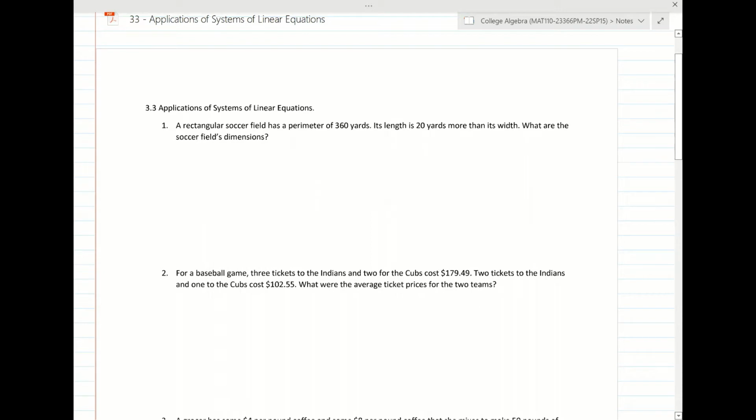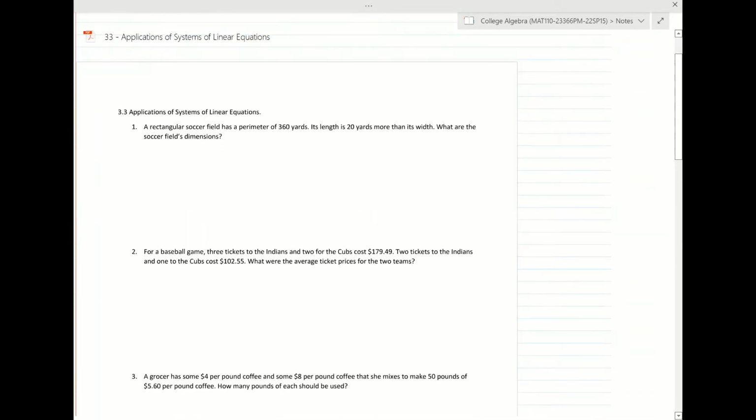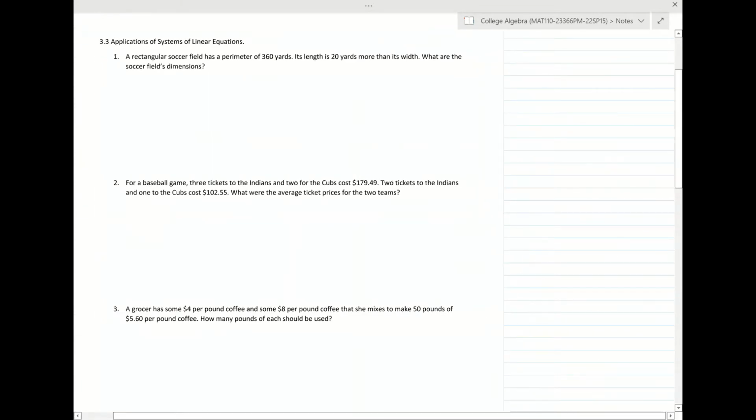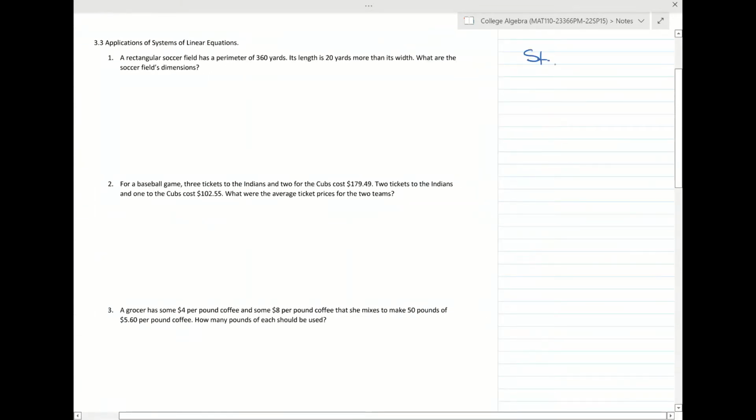Generally when we're doing applications, I follow 4 steps. The first step is to define variables. You don't just want to throw numbers all over the place.